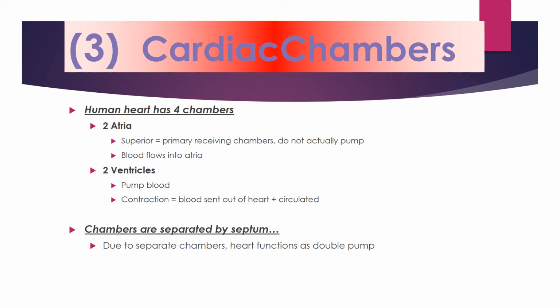Chambers are separated by the septum. What is the septum? It is a part of the heart because of which the oxygenated and the deoxygenated blood are kept separated from each other. Due to this separation of the chambers, the heart functions as a double pump organ.